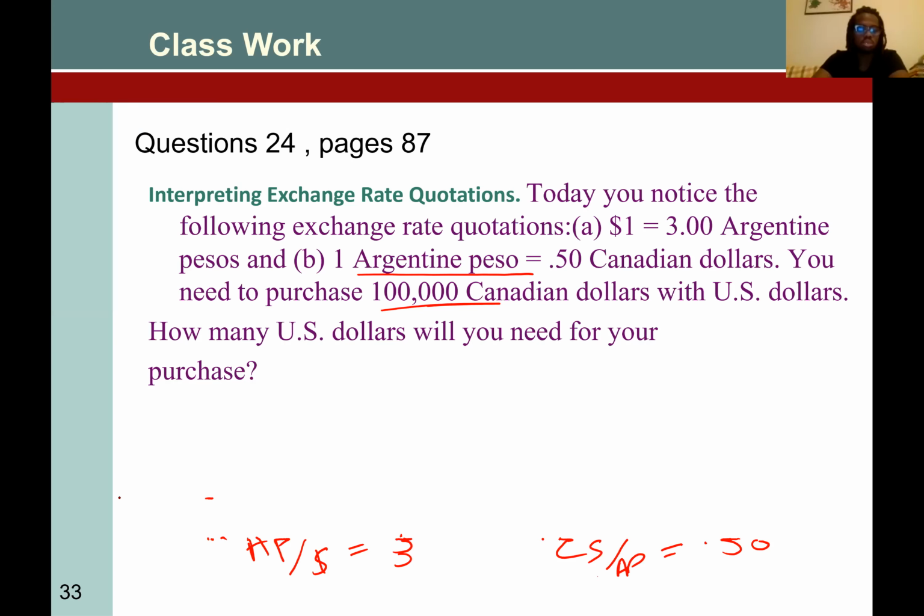So the cross exchange rate that you want is Canadian dollar over dollar. If we expand that, that would be Canadian dollar over Argentinian pesos multiplied by Argentinian pesos divided by dollar. So we have Canadian dollar over pesos, we have 0.5.